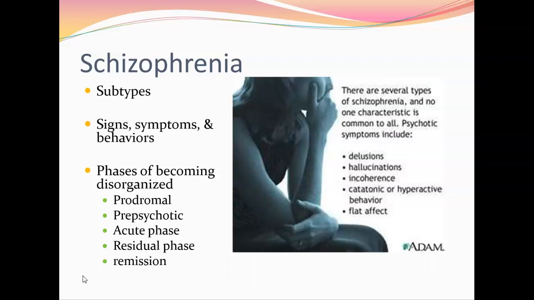This is a lack of pleasure, inability to begin or sustain planned activities. They may also have some cognitive symptoms. This is difficulty understanding information, trouble paying attention, and inability to use information after learning it.